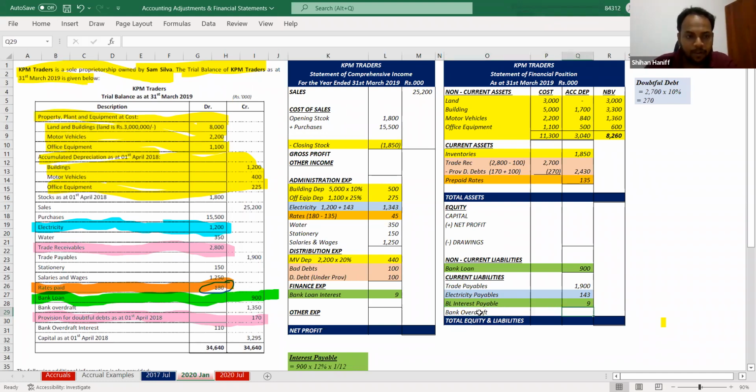Bank overdraft 1350. Overdraft interest is a finance expense. Interest, this is an expense. Capital 3295.